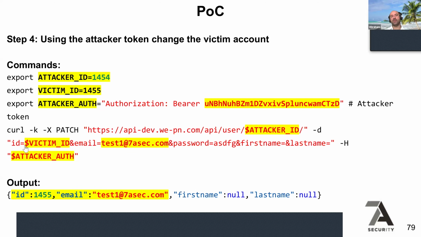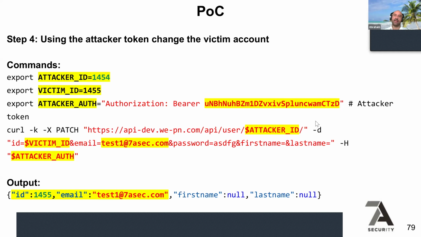However, the trick we are doing here is in the post body of the HTTP request, right? So this B is for the data of the post body in the HTTP request. We are setting the ID to the victim ID, right? So what's happening here, right? By having the attacker ID in the URL, we are bypassing the access control check.